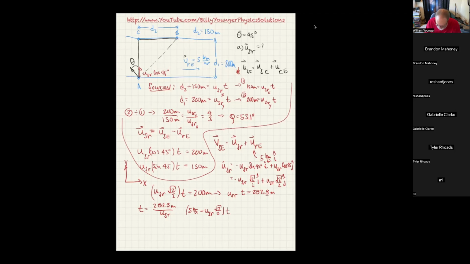That multiplied by time is supposed to give us 150 meters. But now I can take this time and plug it in there, and that's going to give me 5 kph minus U_SR times the square root 2 over 2, all that times 282.8 meters over U_SR, has got to equal 150 meters.